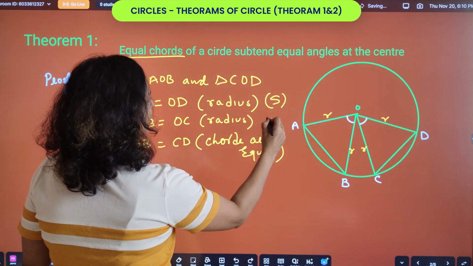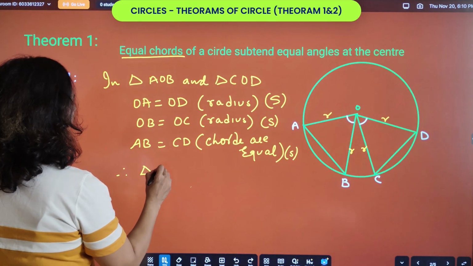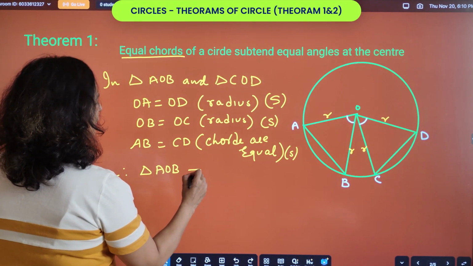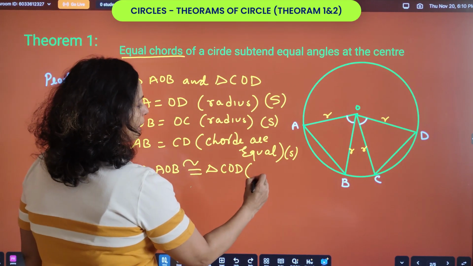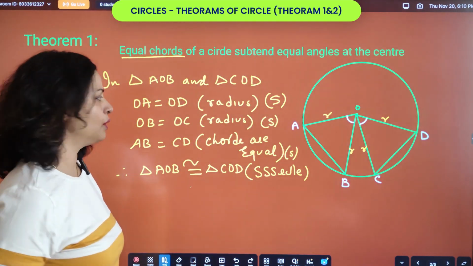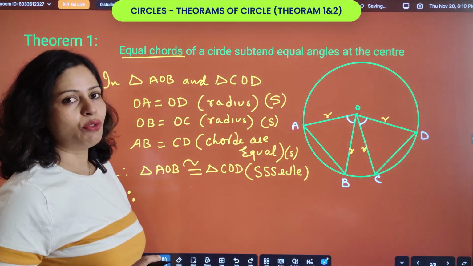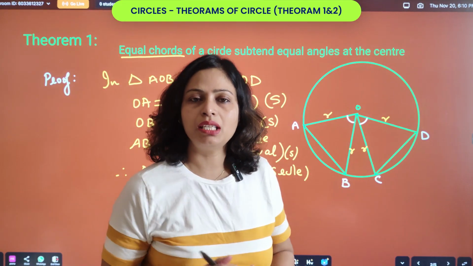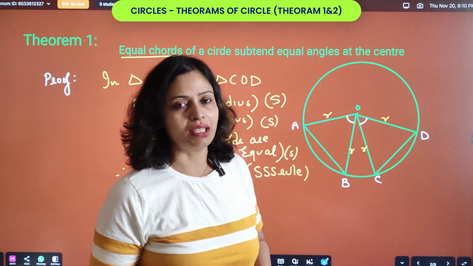Based on these three, we have side, side, and one more side. So therefore we can say triangle AOB is congruent to triangle COD by the SSS rule, that is side side side rule. Once the congruency is proved, children, if you remember CPCT, that is corresponding parts of congruent triangles are equal.